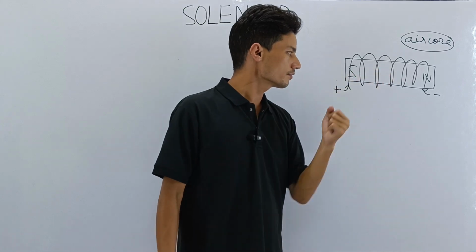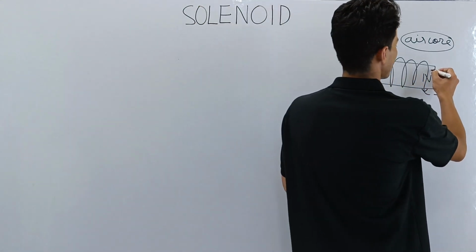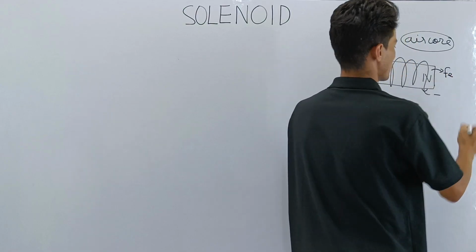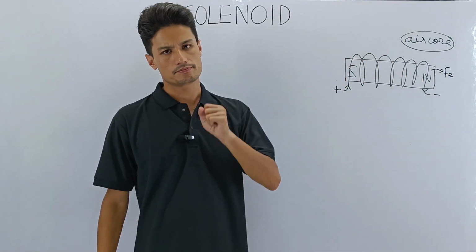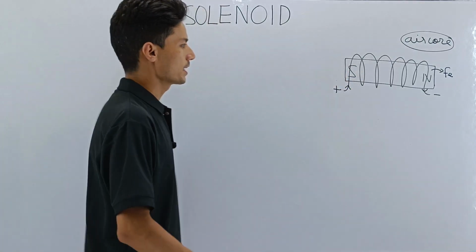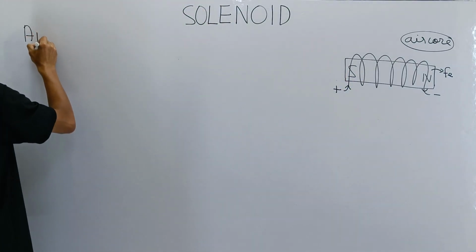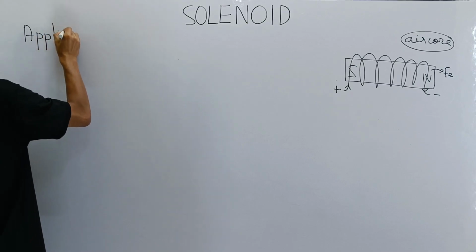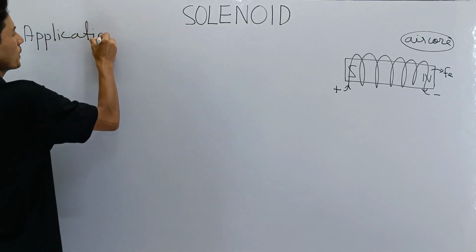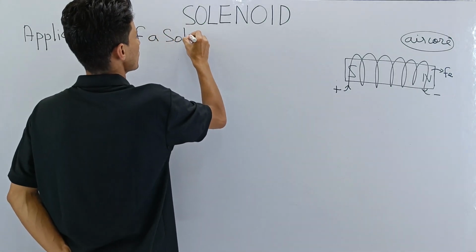If it is a hard iron, we'll discuss what it gives us. If it is a soft iron, then we will also discuss what it gives us. But it's definitely iron. So let's go deep into our topic, applications of a solenoid.